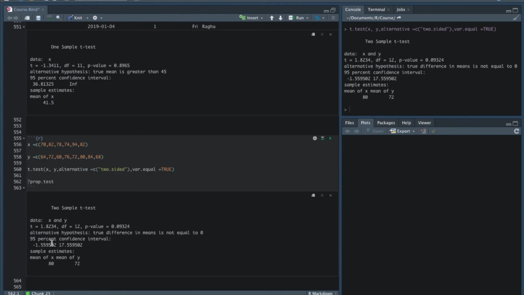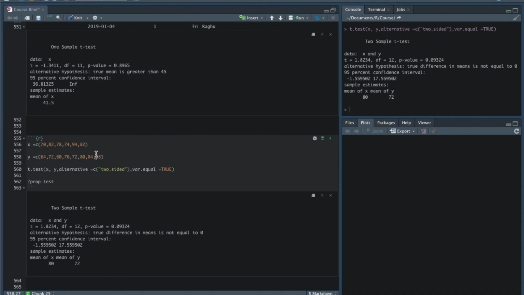So again, we cannot reject the null hypothesis, and that is reflected again in the p-value, which is 0.09, larger than 0.05, so we cannot reject the null hypothesis, which says that the difference in mean of these two is 0.